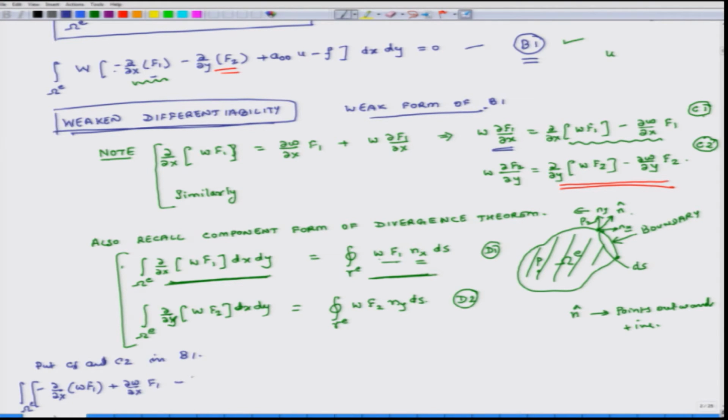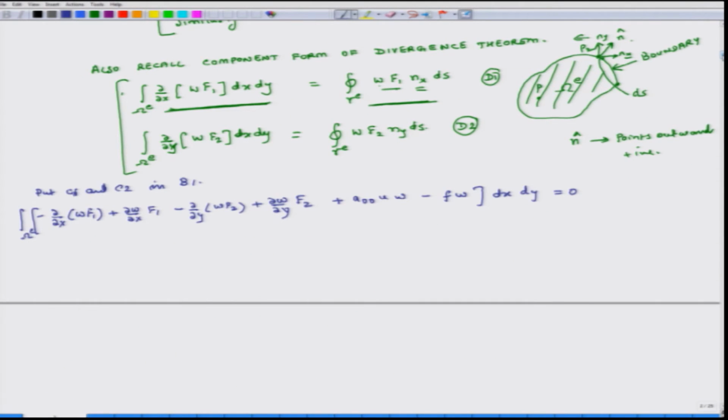So, I get minus del over del y of W F2 plus del W over del y times F2. And then these terms do not change. So, I still have A00 u W minus F W dx dy equals 0.